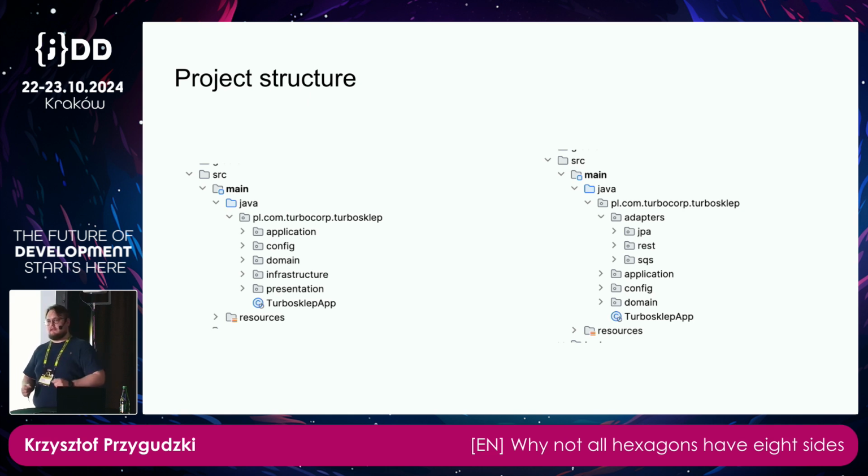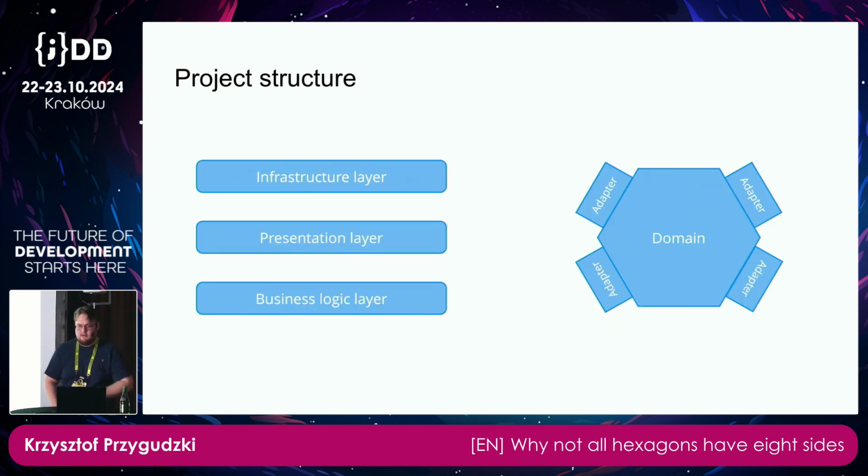Or task schedulers, at least the parts not where you schedule a task, but when you already have a scheduled task and it's time to do something and it needs to call your code, right? So where do you put those? Should they go to the domain? Probably not. Should they go to the application? Maybe. Should they go to the infrastructure? Maybe. But let's see how hexagonal architecture answers this question.